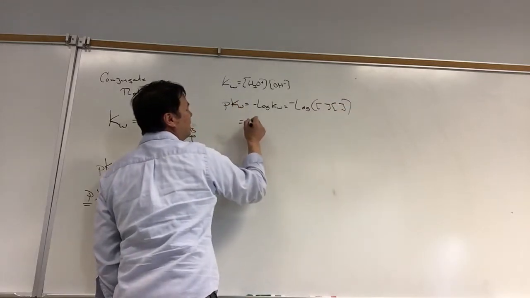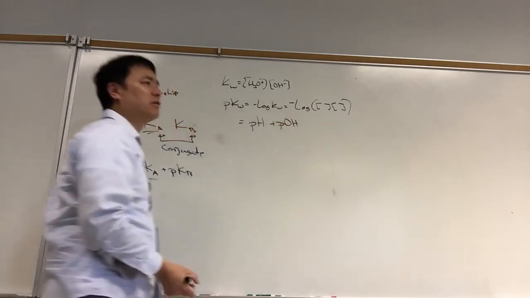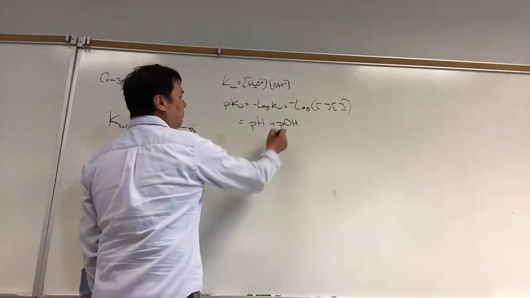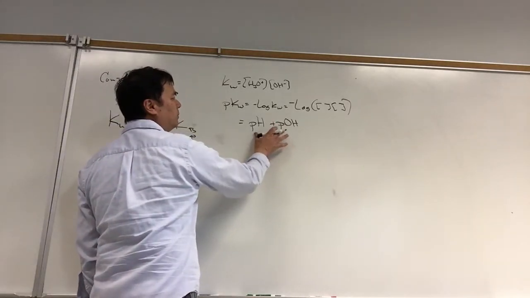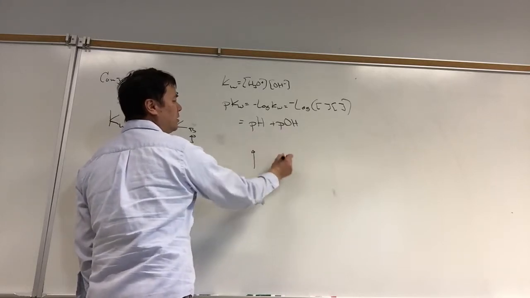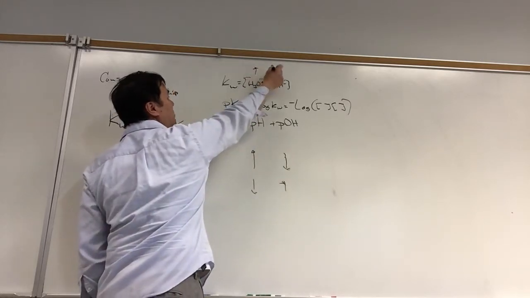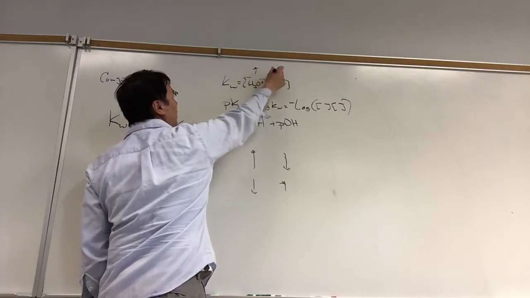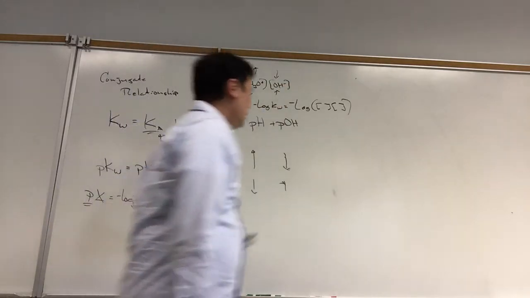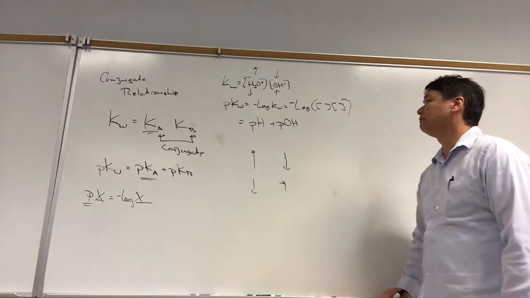In other words, the pKw is going to equal the pH plus the pOH, the power function of the hydroxide ion concentration. There's a seesaw relationship between the pH and the pOH. As the pH increases, the pOH decreases, and vice versa. Or in other words, as the hydronium increases or decreases, the hydroxide will increase or decrease, although it's inverted because increasing hydronium is lower pH.